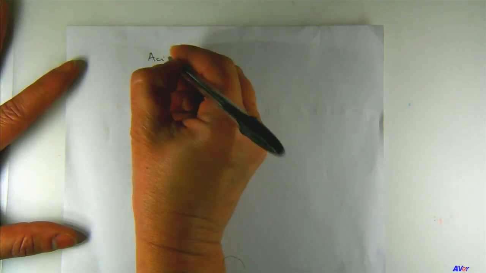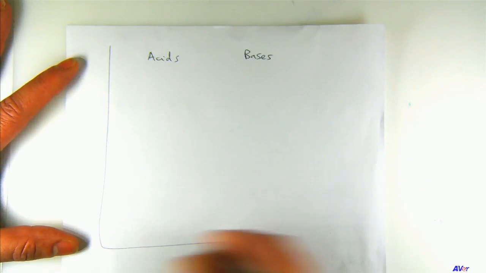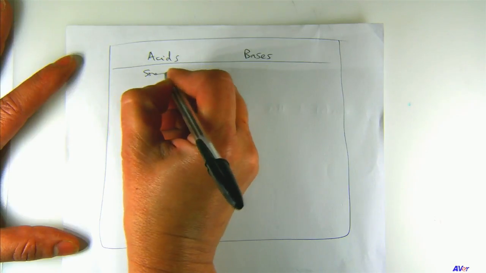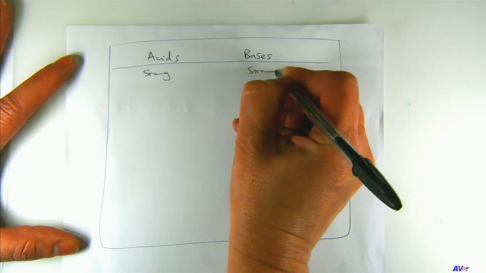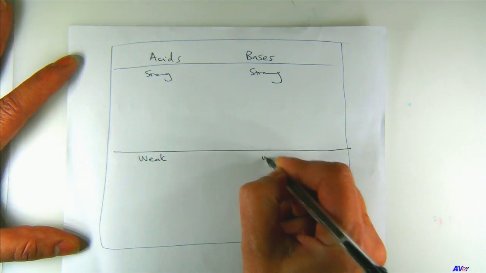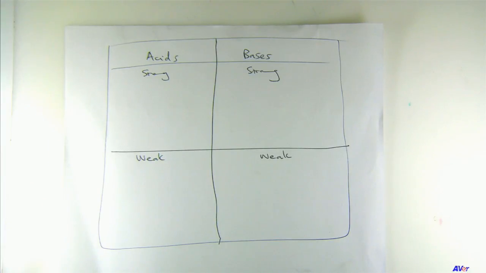So we're going to look at acids and bases. And when we look at that, we are going to talk about strong acids and strong bases, and we are going to talk about weak acids and weak bases. Can you see it's exactly that table? Right. So you don't have to take too many notes. You can listen and you can try to understand rather.